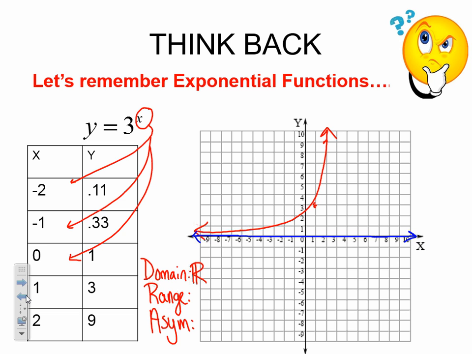So this blue line represents the asymptote for this graph, and this asymptote would be at y equals 0 because it crosses through the y-axis at 0. And then my range would come from that. I would say that my range is y's are greater than 0, not greater than or equal to, because they never really touch that line. They always stay above that line. So y is greater than 0. Now notice the domain is all reals, the range has some special description, and my asymptote was y equals 0.